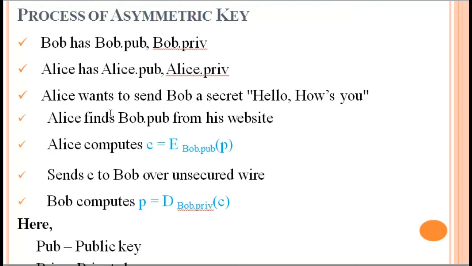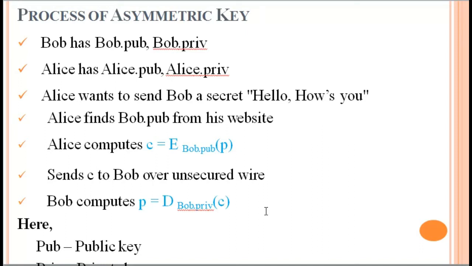Then Alice computes the ciphertext of the plaintext with the help of Bob's public key. So now the ciphertext is sent through the insecure channel to Bob. Bob receives the ciphertext sent by Alice, and Bob applies his private key to decrypt that ciphertext into plaintext, and finally Bob receives the plaintext.